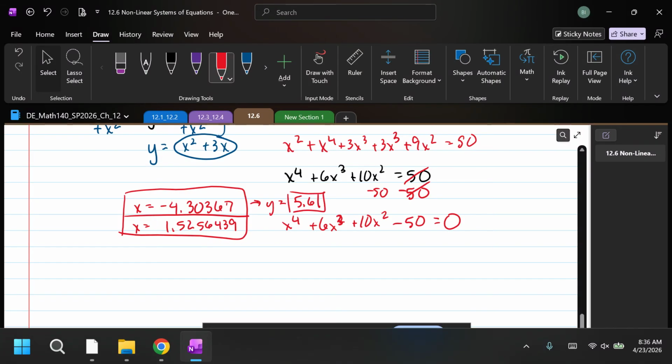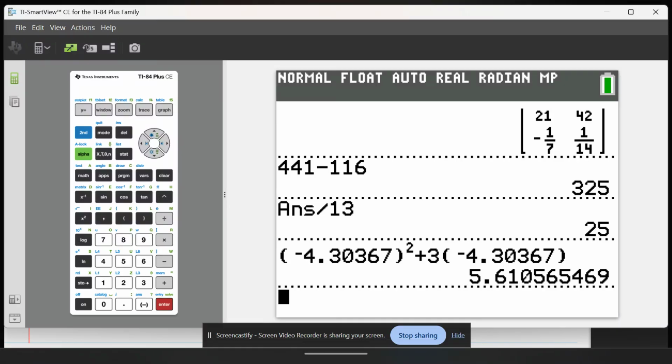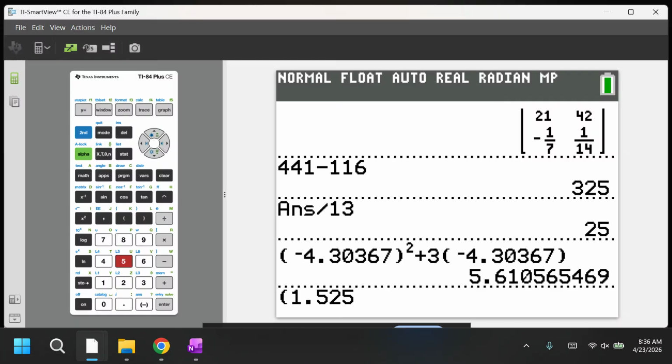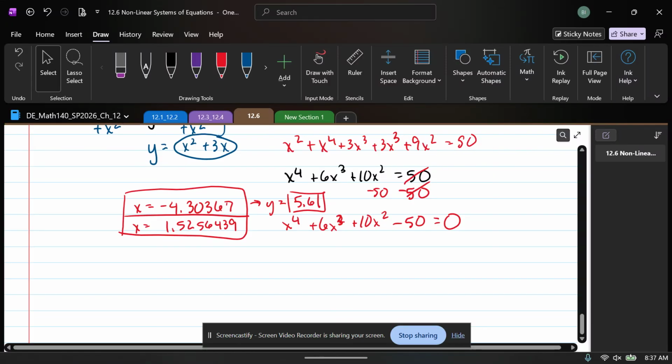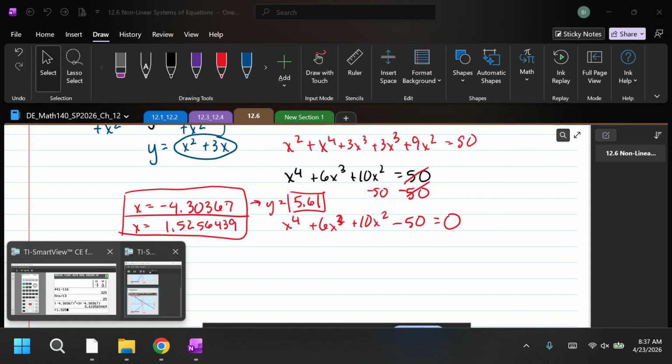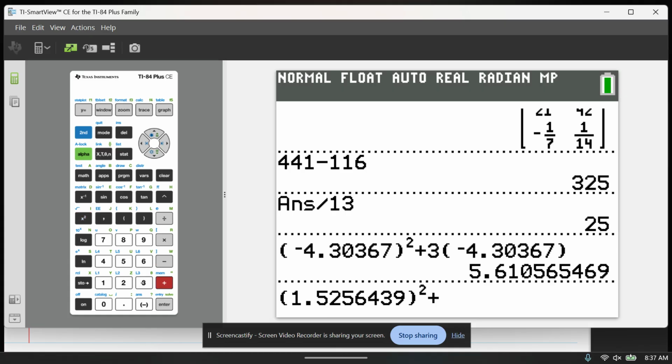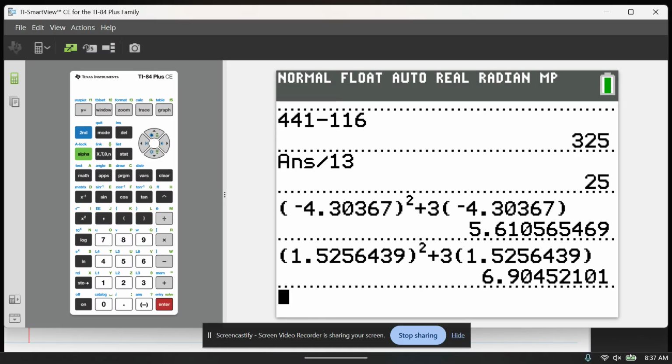And then use that other one. Do the same stuff. Parentheses, 1.5256439, squared, plus 3, parentheses, 1.5256439. 6.90.